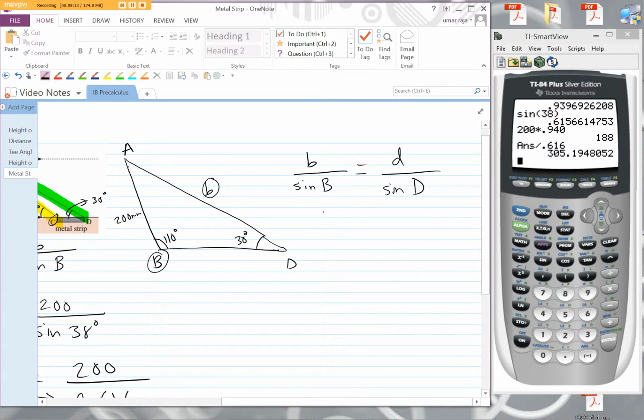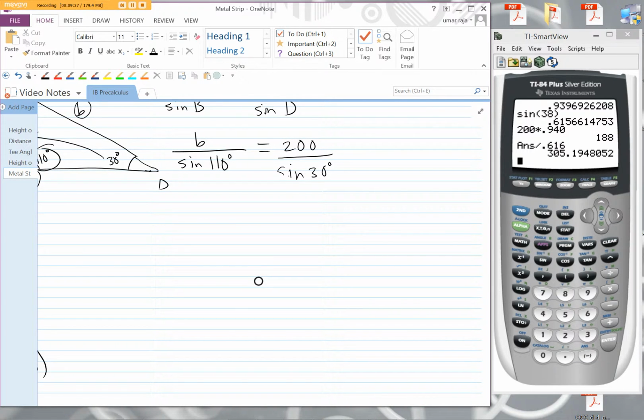Since we're solving for lowercase b, we're not going to plug anything in for that. Sine of capital B is 110 degrees, and that's equal to lowercase d, which is the one that's across from the angle, and in this case happens to be 200 millimeters over sine of the angle, which is 30 degrees.